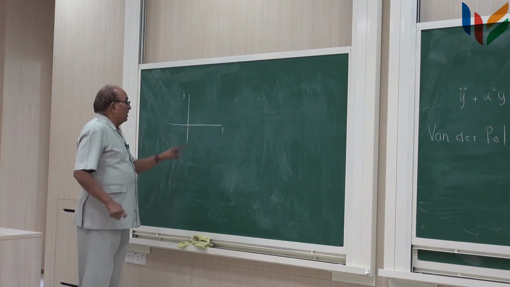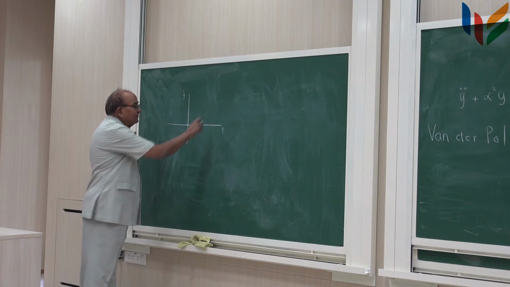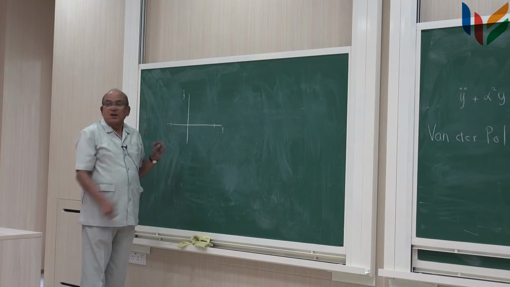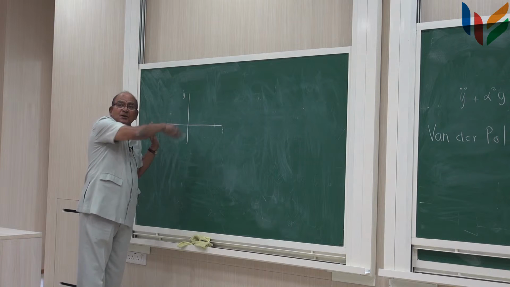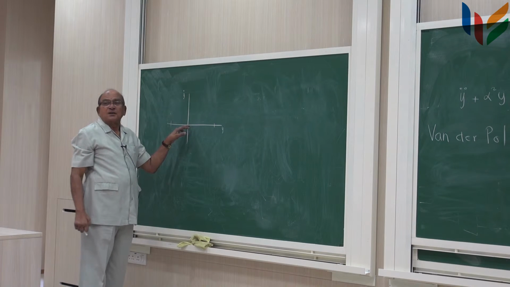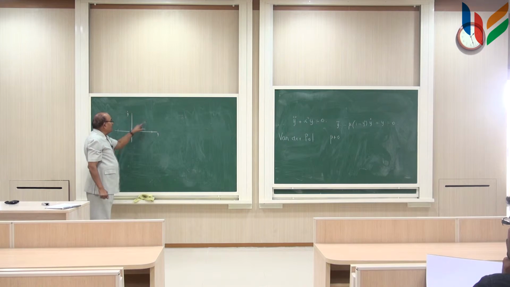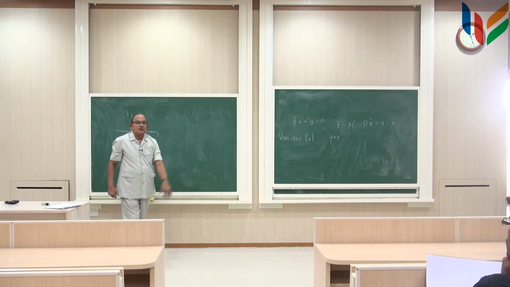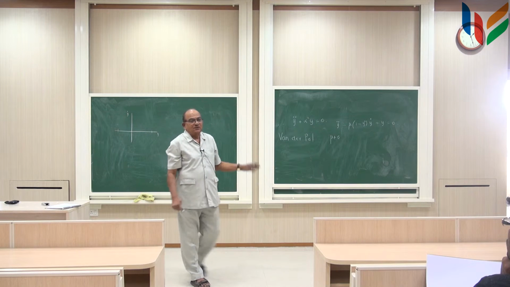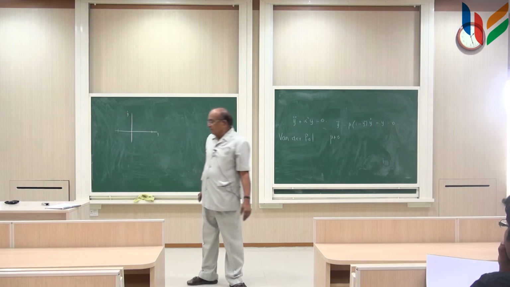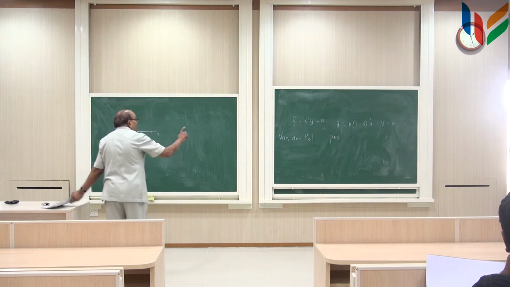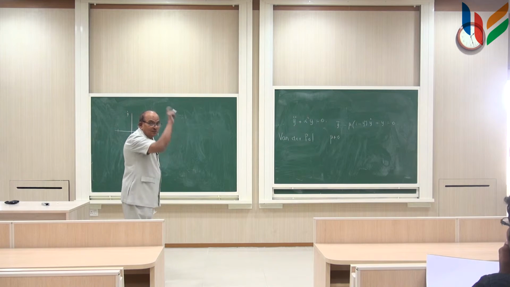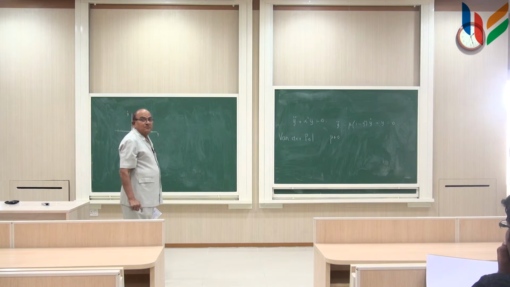Okay. Now, initially it will start somewhere and then go on taking some trajectory, finally landing at this point. If I plot this from this differential equation by rewriting this in terms of the state variable representation, then during those days, mind you, there was no state variable representation during Van der Pol's time.